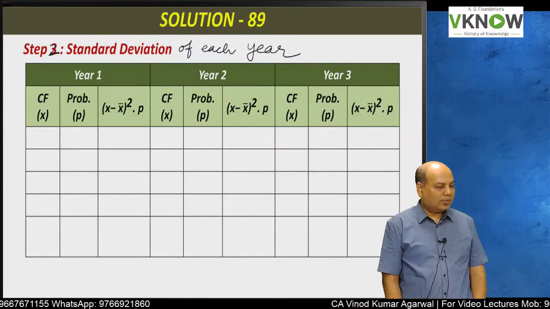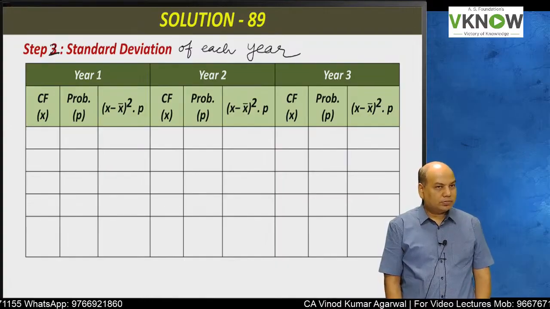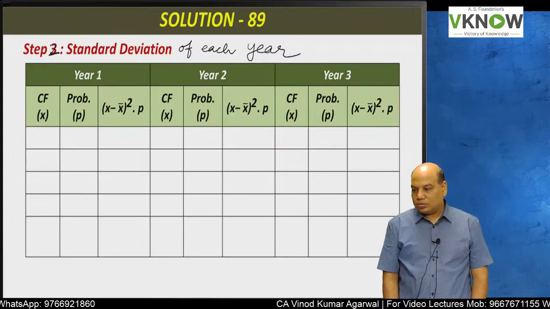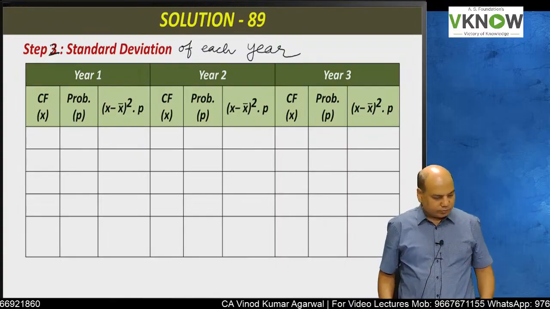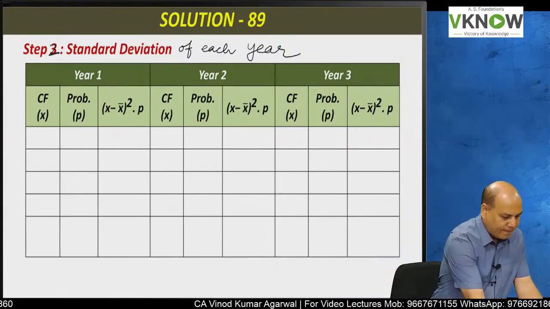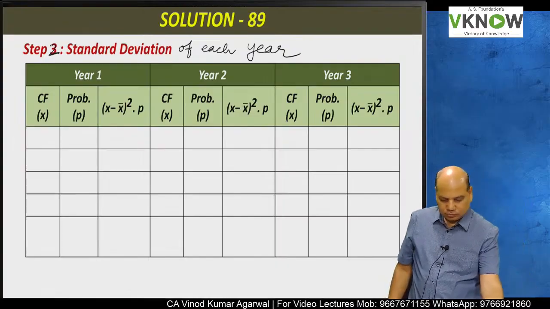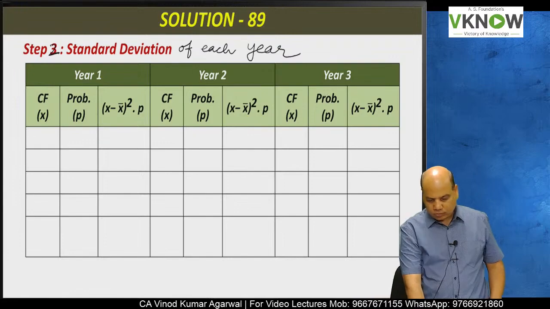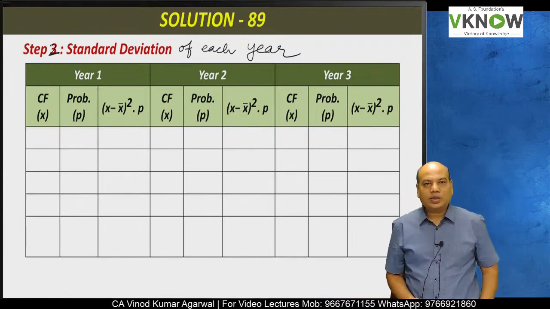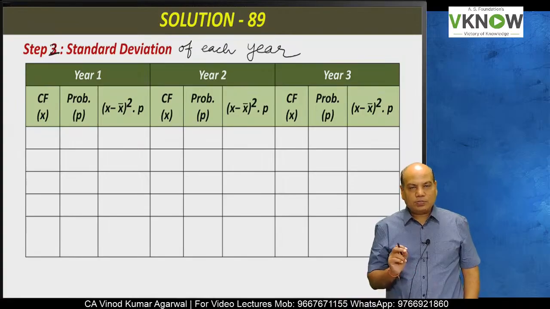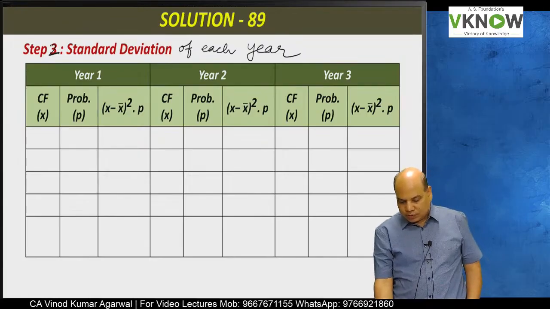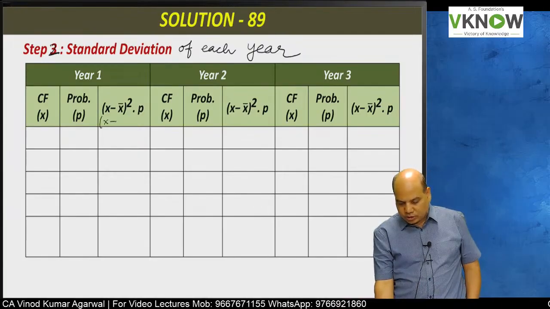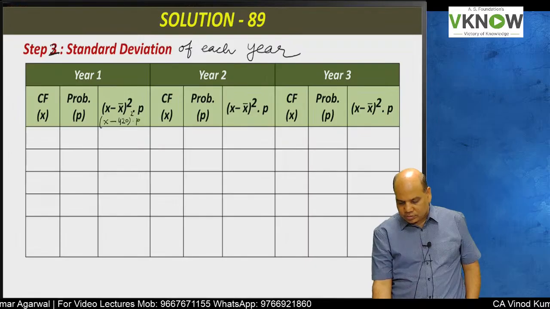First thing first, draw the table. Year 1, cash flow, probability, x minus x bar square. Then the next is year 2, cash flow, probability, x minus x bar square. Year 3, cash flow, probability, x minus x bar square. In the first year, your x bar means 420 expected cash flow.